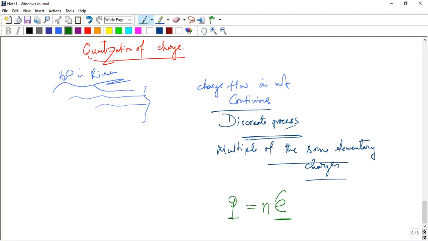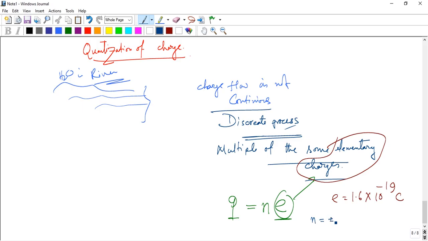E is the elementary charge, equal to 1.6 times 10 to the power minus 19 coulomb. N is plus or minus 1, 2, 3, 4: plus for proton, minus for electron, plus for positive, minus for negative. It is also called the quantum number.